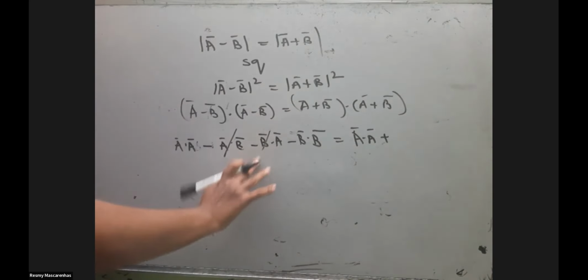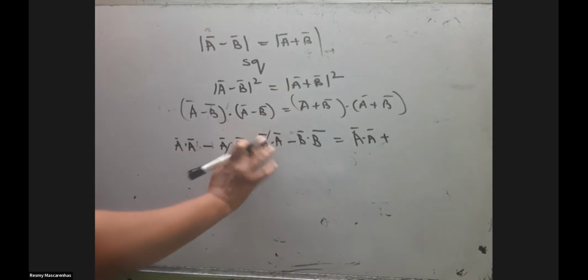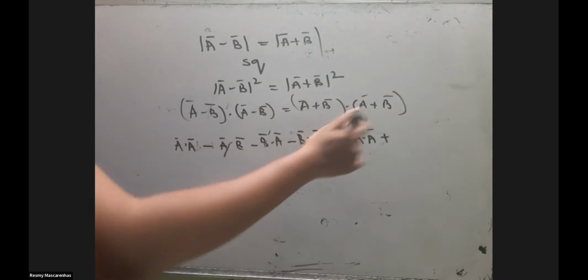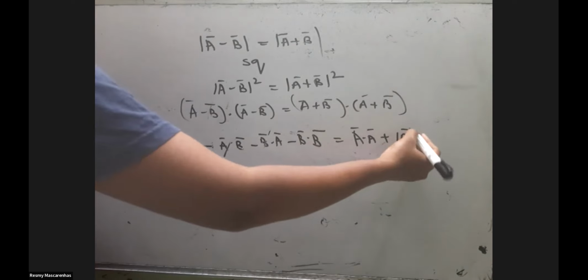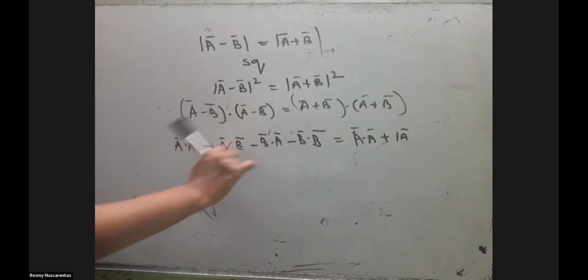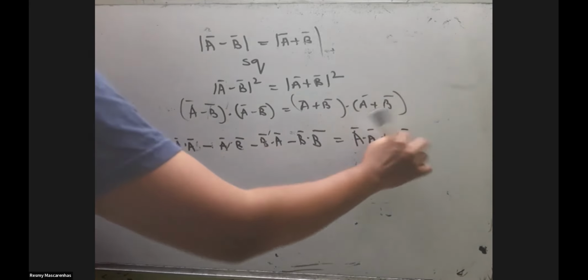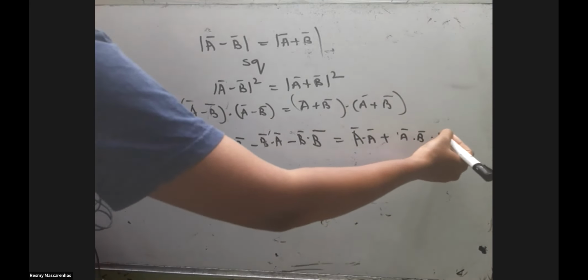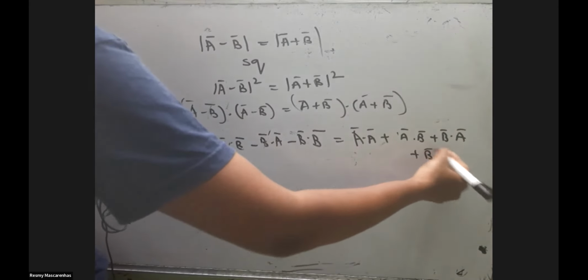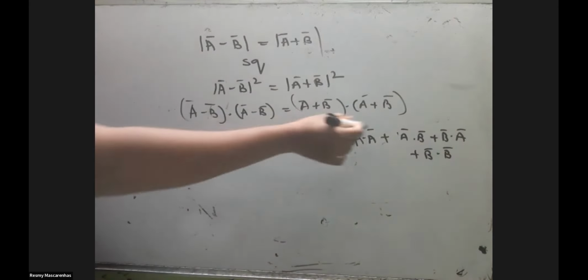Sorry, you cannot cancel. This is minus, both are minus. I thought this was plus. If one was plus, the other minus, it gets cancelled. This will be A bar dot B bar plus B bar dot A bar plus B bar dot B bar.